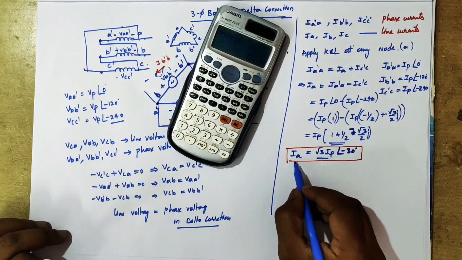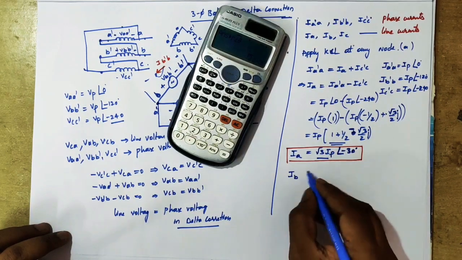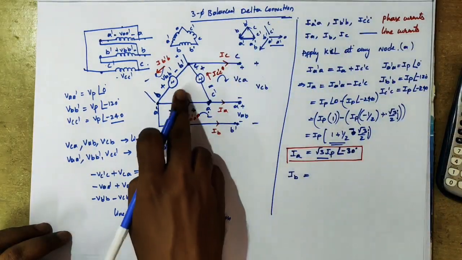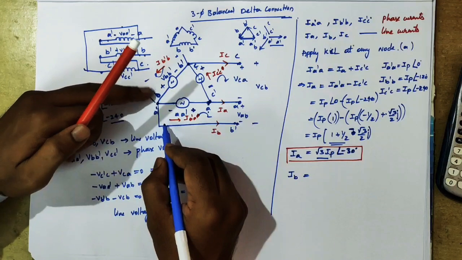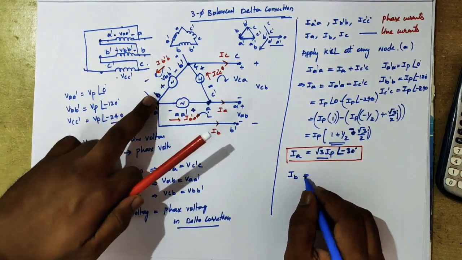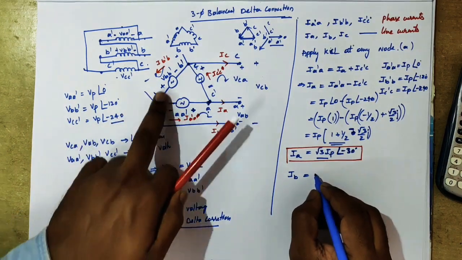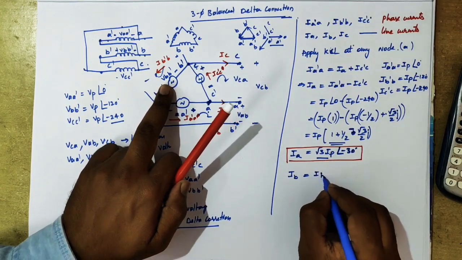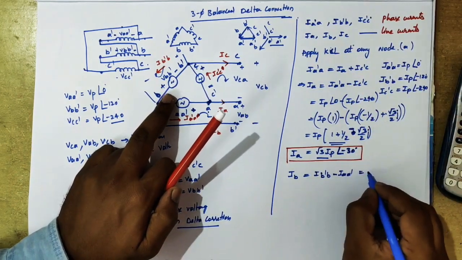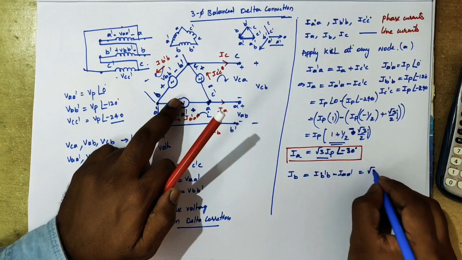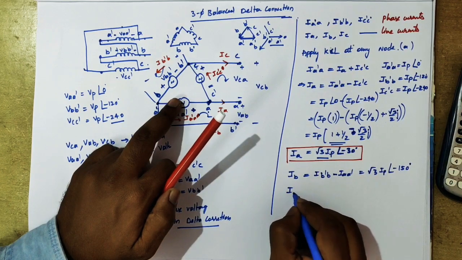This is the line current I A. Now what is the line current I B? Apply KCL here. The line current I B equals I B dash B minus I A dash A. If you solve in the same way, you will get I B equal to root 3 I phase at an angle of minus 150 degrees, and I C will be obtained.